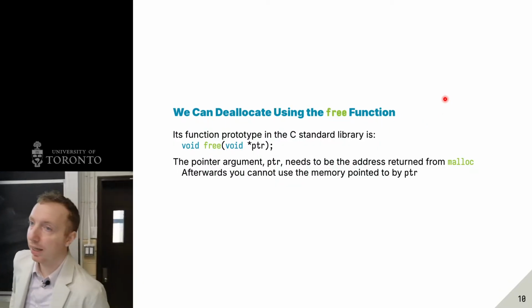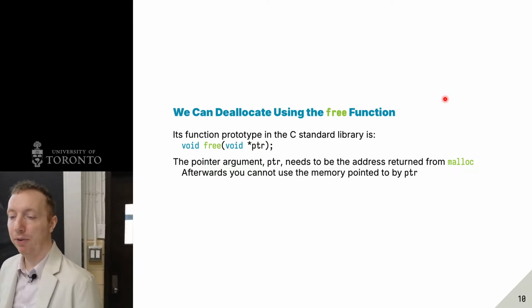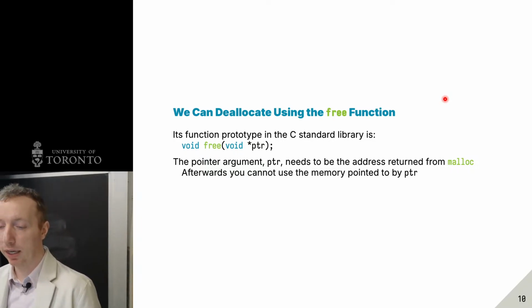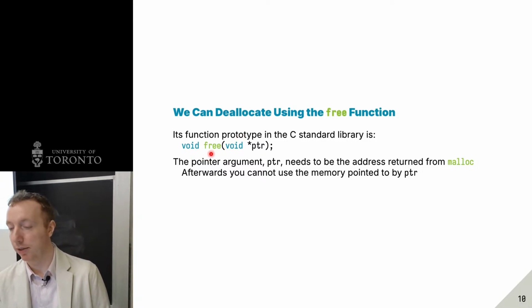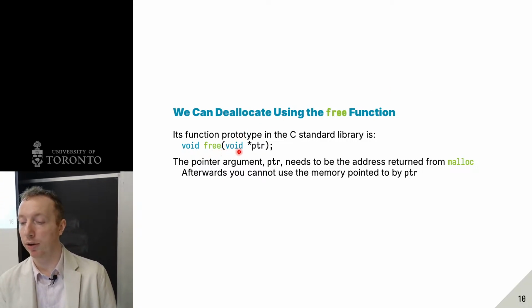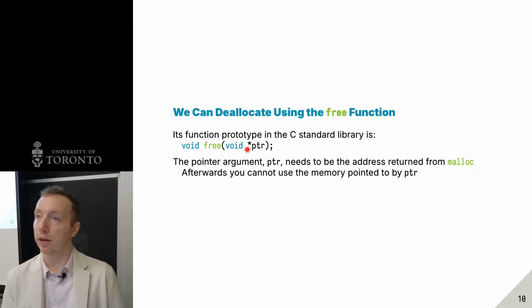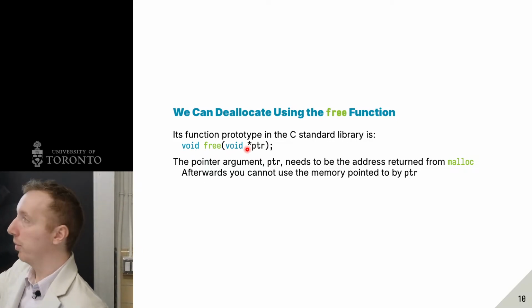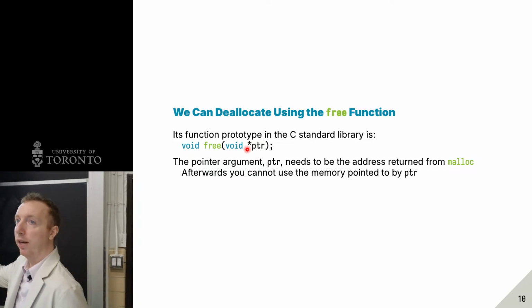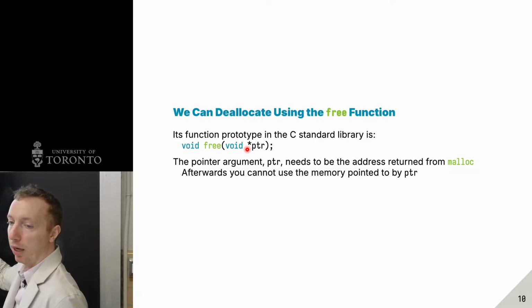So to deallocate memory from malloc, you have to use a function called free. The function prototype from the C standard library is free, the name free, which just takes a pointer, so a void star, and the agreement is that it needs to be the address returned from malloc. That will go ahead and deallocate whatever you got from malloc.